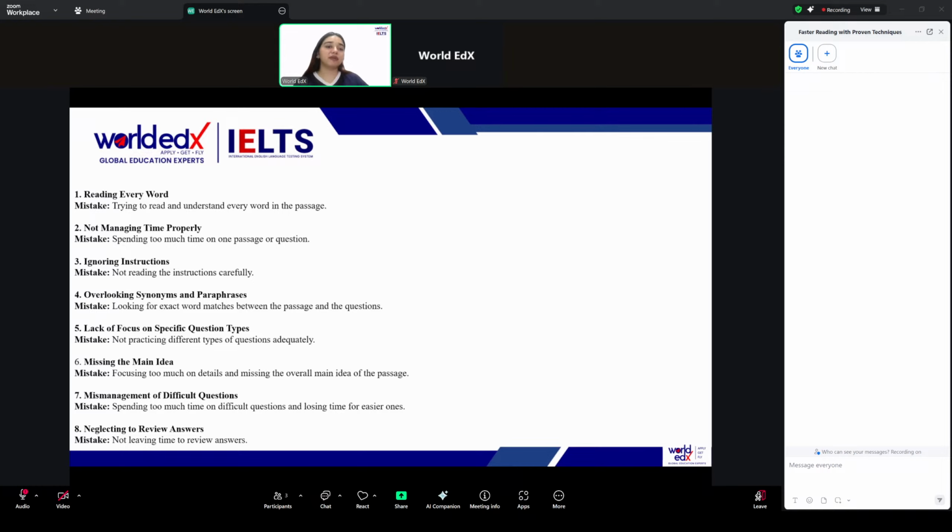The next one is not managing time properly. Spending too much time on one passage or question will definitely cost you your very precious time. So make sure that you're not spending more than 20 minutes per passage. The next is ignoring instructions. At times, the instruction explicitly mentions that you cannot write more than 2 words or a letter or a number, and if you have not read it, you end up writing 3 words.